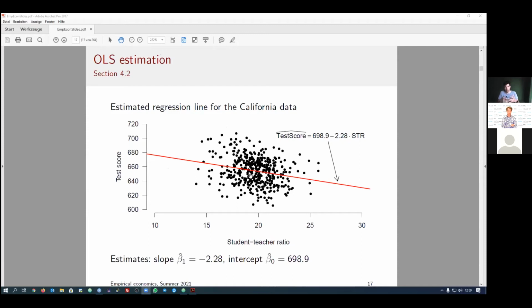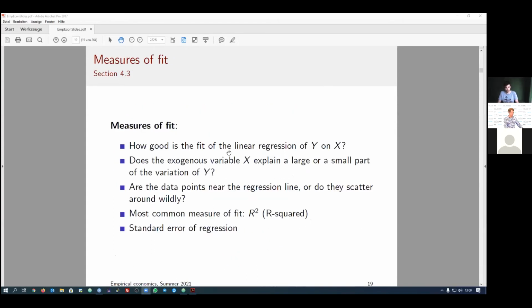So we need some measures, some numbers, that tell us whether these points are rather far away from our regression line, whether they scatter wildly around the line, or whether they are actually pretty close. Two measures that we can use to assess that question are, first, the R squared, and second, the standard error of regression.